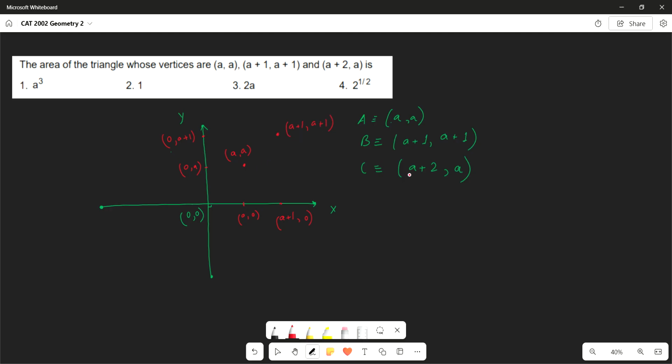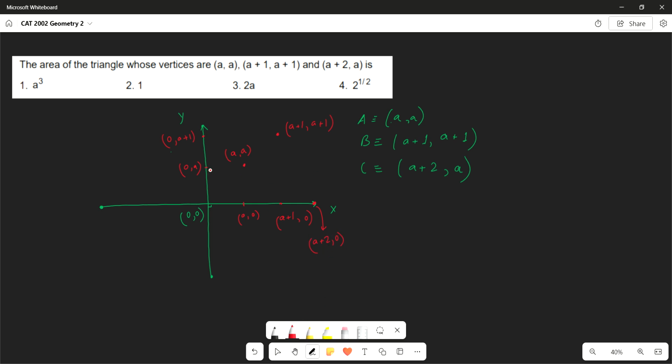So this is A, this is B. Now I already have A, so a+2 will be here. This point is (a+2, 0).